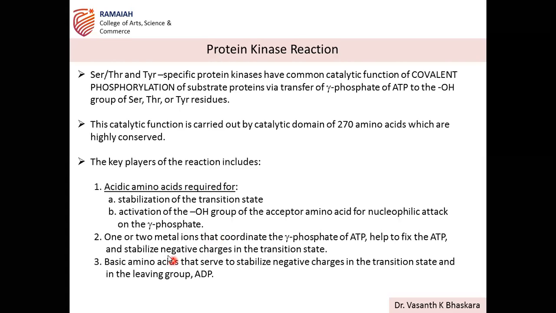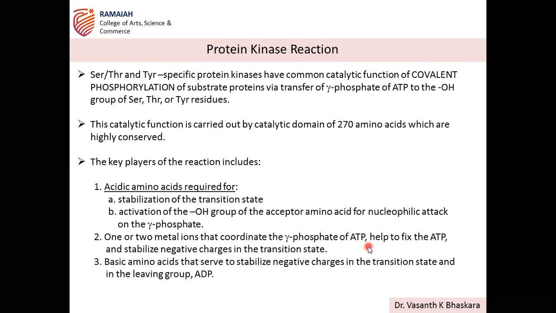So next, one or two metal ions. This also you can underline. So first is acidic amino acids. Then the second one is metal ions. One or two metal ions. What is their role? They coordinate the gamma phosphate of ATP. Yesterday we discussed, right?